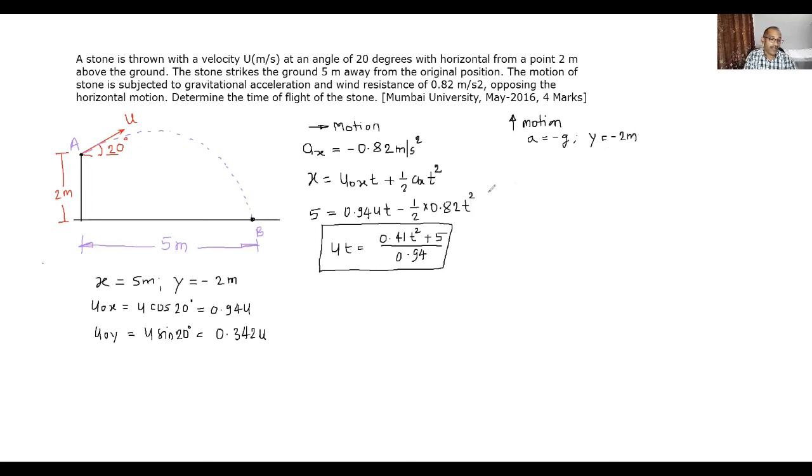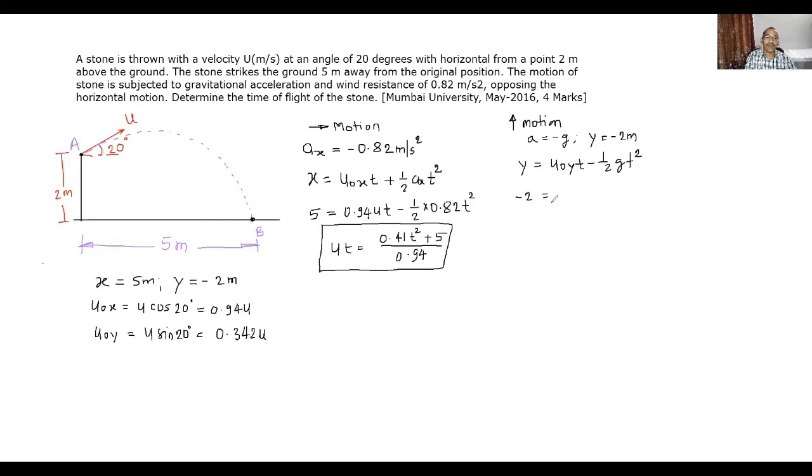If you apply the equation of y, it is u0y t minus half g t square. This is the general equation of motion for projectile motion. We will discuss this in the theory part videos, part 1 and part 2, so if you are not getting it, you can refer to that video. Now y is minus 2 meter.